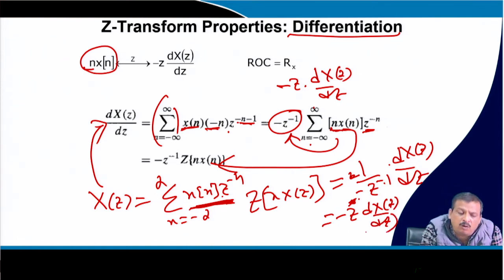So, the z transform of n x of n is nothing but minus z and dX(z) by dz.